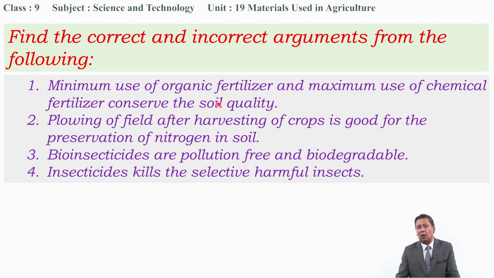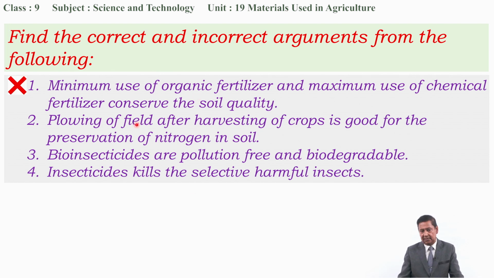Minimum use of organic fertilizer and maximum use of chemical fertilizer conserve the soil quality. Is it? No, this is just the opposite. We have to minimize the use of chemical fertilizer but maximize the use of organic fertilizer. That's why this argument is incorrect.